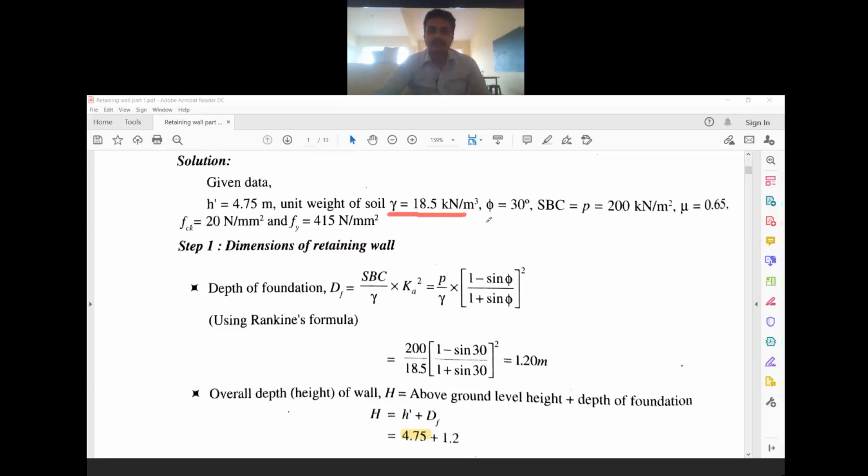Next, phi is equal to 30 degree. This is the angle of repose. What do you mean by angle of repose? For example, I will keep a material on a plank. Say this is an eraser and this is a scale.